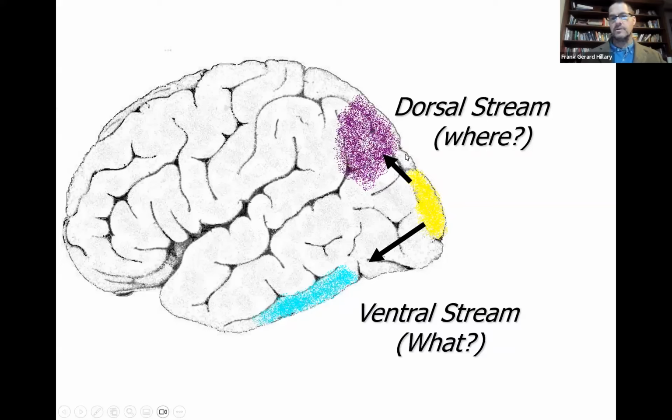Think of the parietal lobe as processing information that has a spatial dimension to it. The temporal lobe is more associated with language, semantics, context, and therefore it can help answer what, while the dorsal stream is going to answer where. The most basic information processing is in V1, the visual cortex, occipital lobe, and then we begin to integrate more complex information in these two streams.